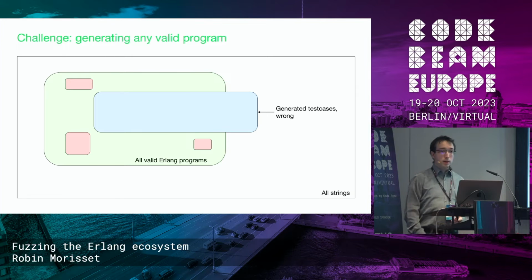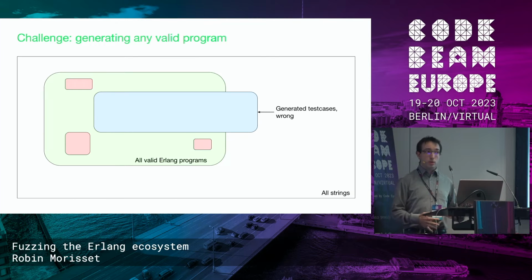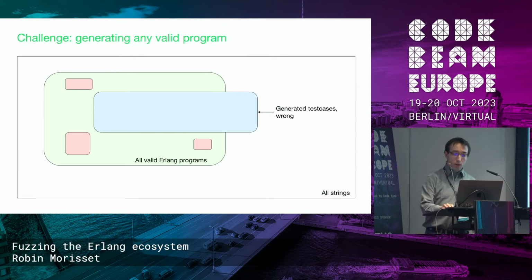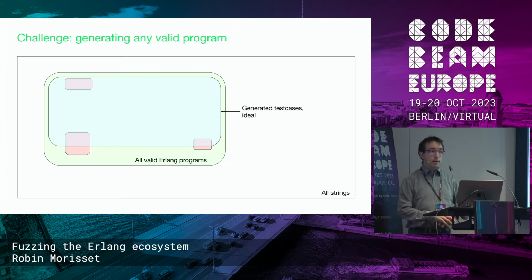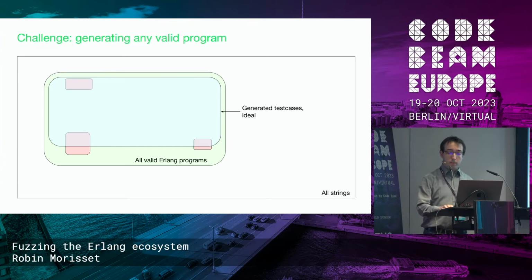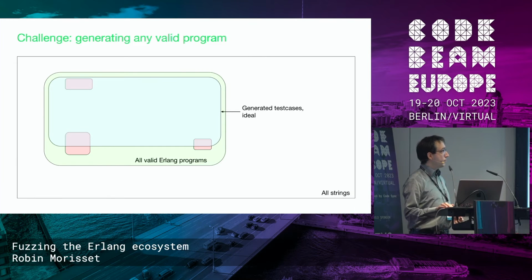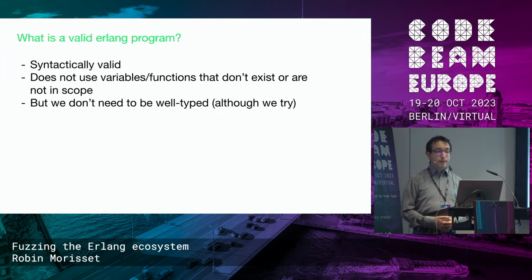If we are generating strings that are not valid Erlang programs, not only is it wasted time that's not spent usefully, but it might be tricky to differentiate your program being rejected by the compiler, for example, as not being valid Erlang, and the compiler crashing. So our goal is to sample as broadly and uniformly as possible across all valid Erlang programs without generating code that's not valid.